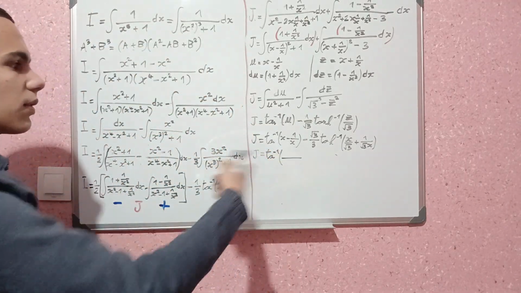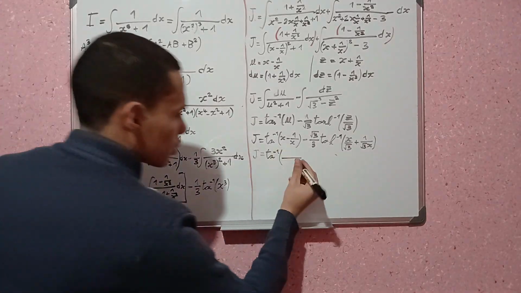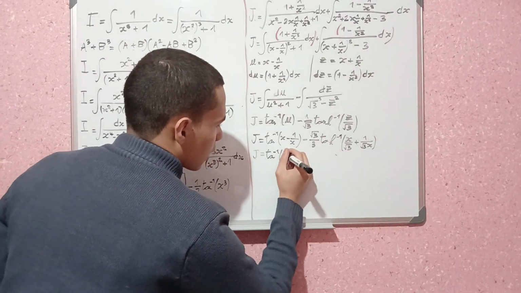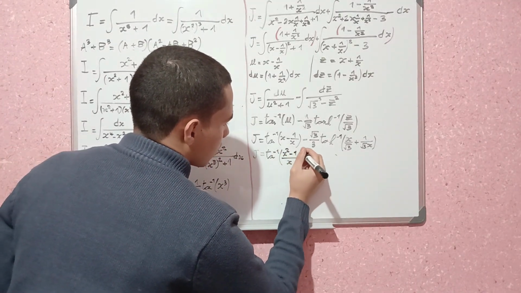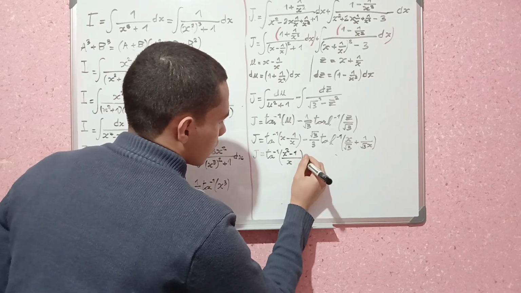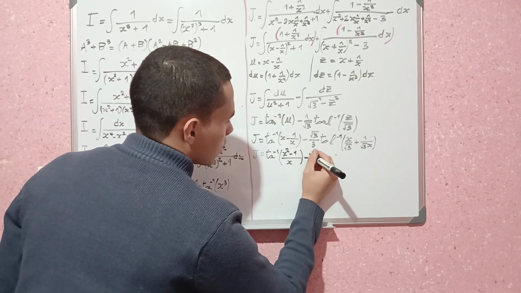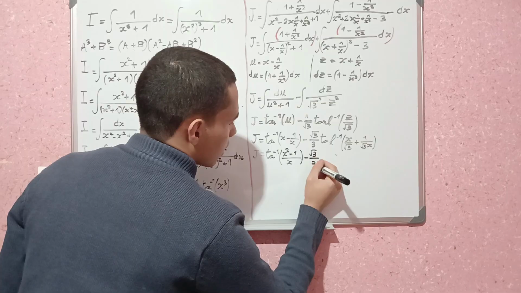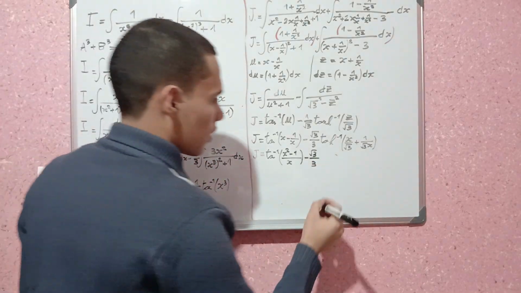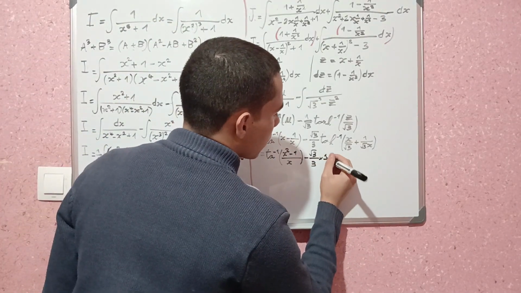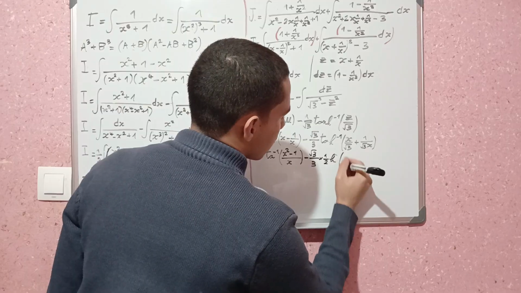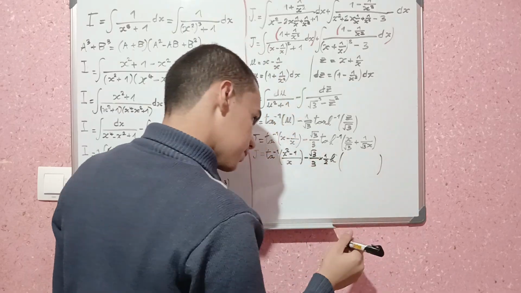Unifying the denominator, we get here x squared minus 1, like that, minus square root of 3 over 3 multiplied by 1/2 of ln what?